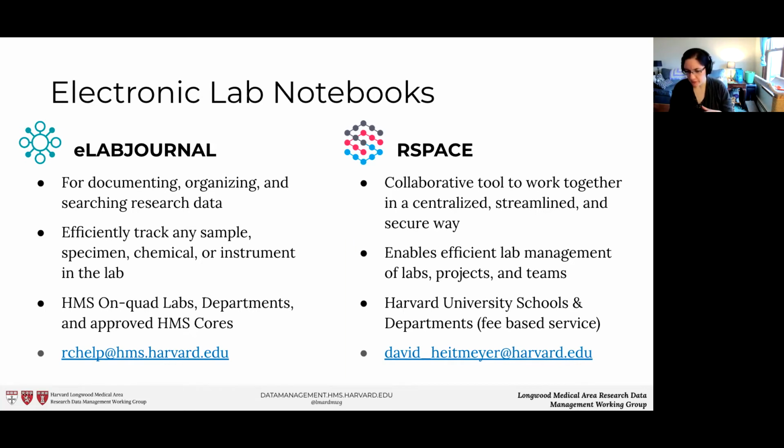shifted a bit from our historical work to what we're focusing on now. Previously, there was not one centralized ELN or multiple ELNs being offered at HMS or at Harvard. So it made it difficult for researchers to be able to identify a tool to use to document their work, or even be aware that you can electronically document your work.